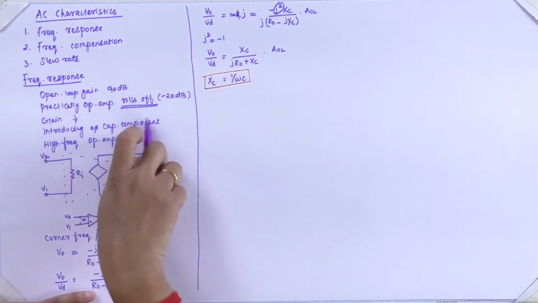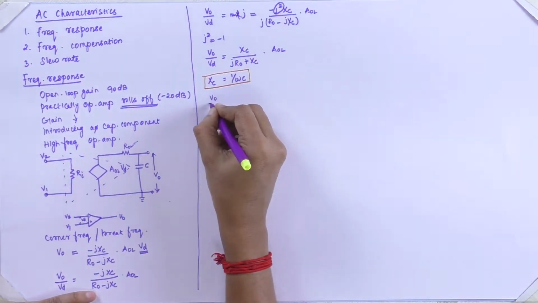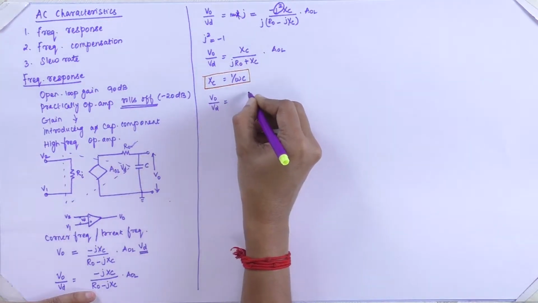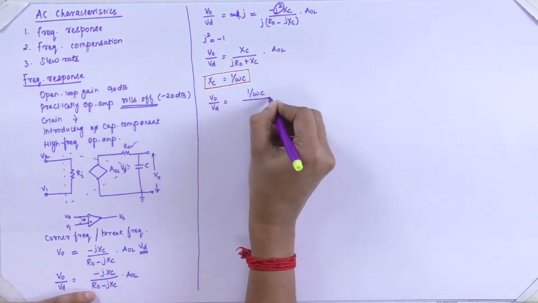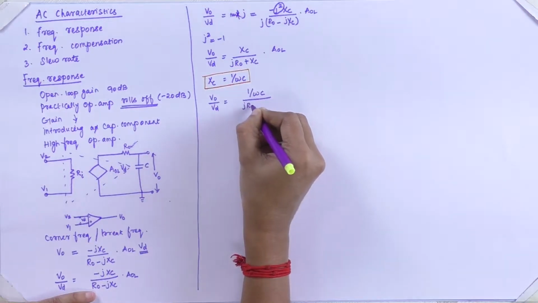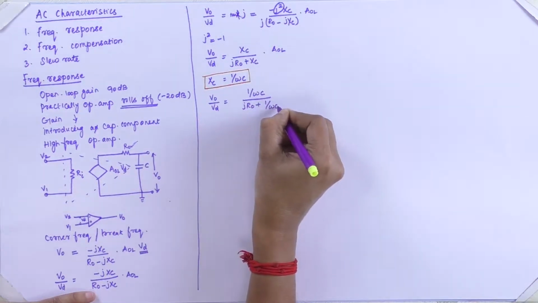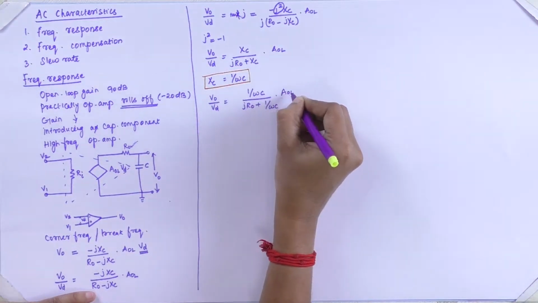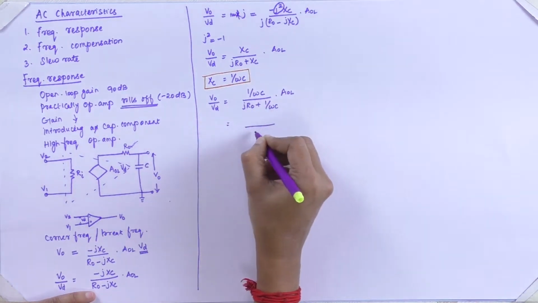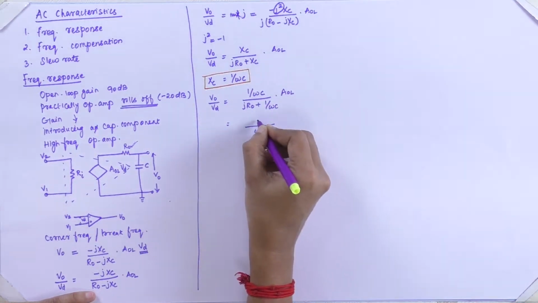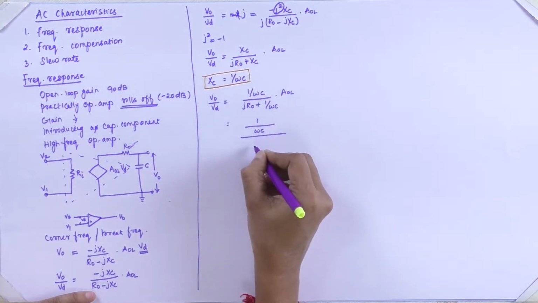So now I am going to substitute V0 by Vd is equal to 1 by omega C divided by J into R0 plus 1 by omega C into AOL. In this condition I am going to take the entire factor, the denominator as omega C, and the numerator value is 1.